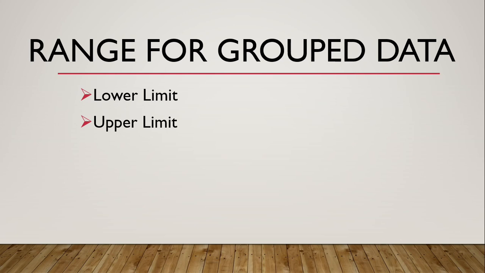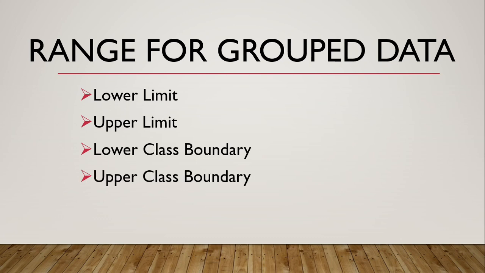Ano yung lower limit? Lower limit is the lower class interval and upper limit is the highest class interval. So mamaya sa example po natin, i-elaborate pa po natin yung definition ng lower limit at upper limit. Isa din po sa mga kailangan tandaan na words ay yung lowest class boundary at upper class boundary.